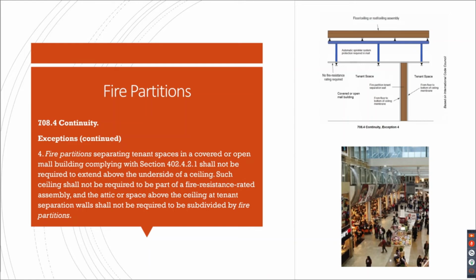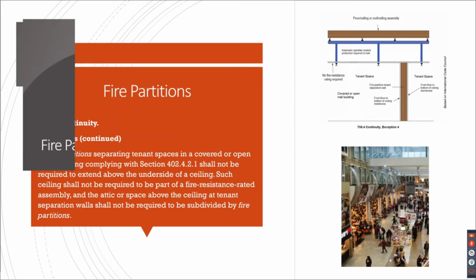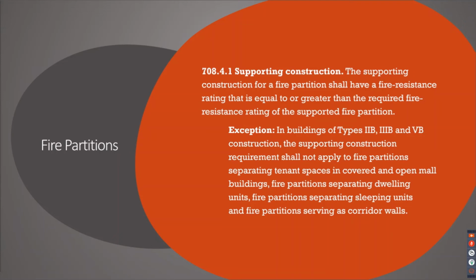And then exception 4 is more malls, so we're not going to get into that. And again, supporting construction, whatever's holding those walls up needs to be supported the same as, rated the same as that wall. So for us, you've got 1 hour rated corridors. The supporting construction also needs to be 1 hour, and as with the barriers, there are exceptions for 2, 3, and 5B construction.